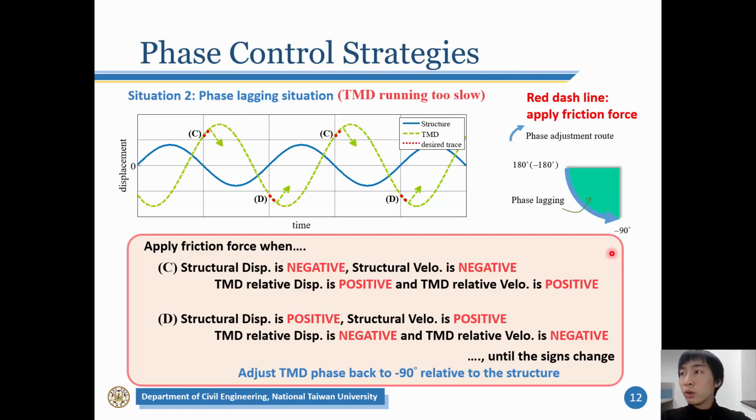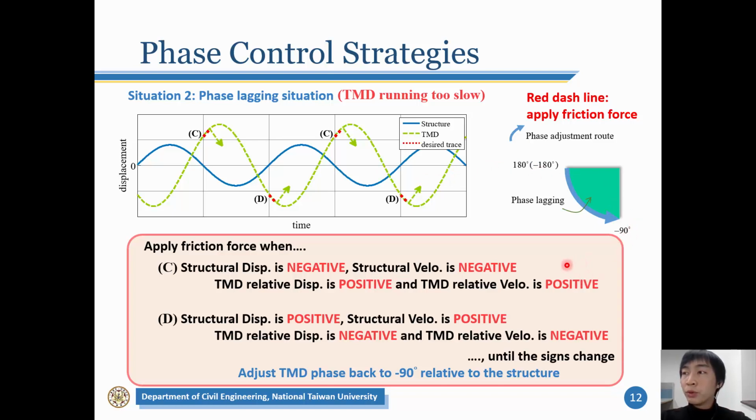In this situation, we can still apply the friction force at this specific time, like this figure. When the structure is 0, we apply the friction force to make the tuned mass damper stop as soon as possible. When the tuned mass damper has stopped, we release the friction force. The tuned mass damper restoring force will take the tuned mass damper back to the origin and back to the 19 degrees lag of the structure.